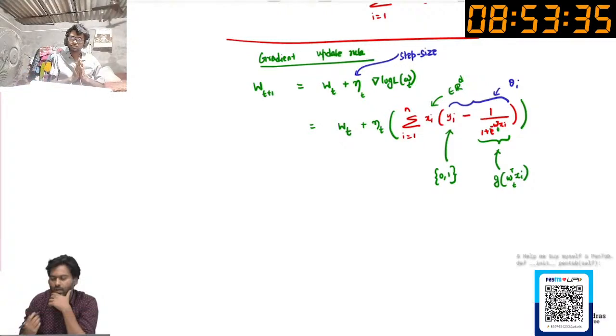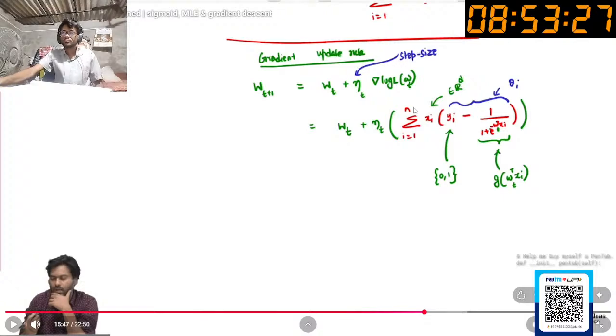Just give a bit of focus here, so this is a little bit non-intuitive, but the simple idea is: if our current WT is making a wrong prediction, then we will give more weightage to xi.